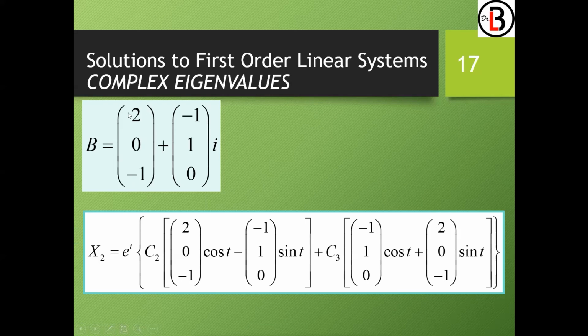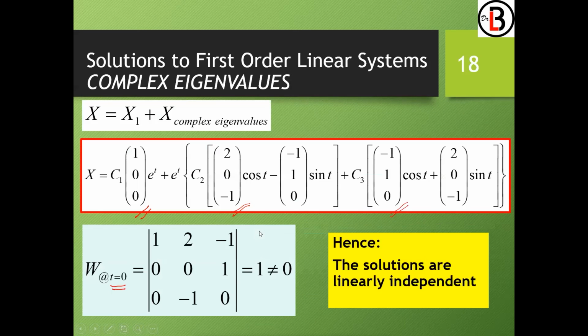So real cosine 1t minus imaginary sine 1t plus C3 imaginary cosine 1t plus real sine 1t. Okay? And so that means your solution would be x1, which is the case number 1, and then the x of the complex eigenvalue. So it's this.